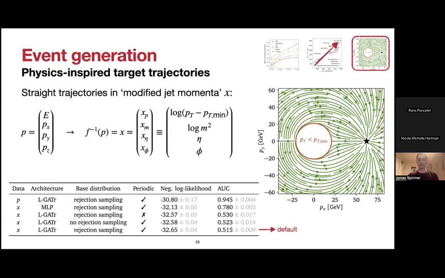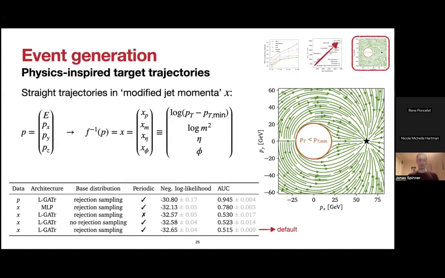So this is a very common performance metric for generative networks. So we conclude if you take these naive momenta and go straight in them, then you are quite bad. And if you instead use the smarter x representation and a simple MLP architecture, then you're already a lot better. And then if you combine all ingredients, the L-GATr architecture and the smart representation, then you end up on top.